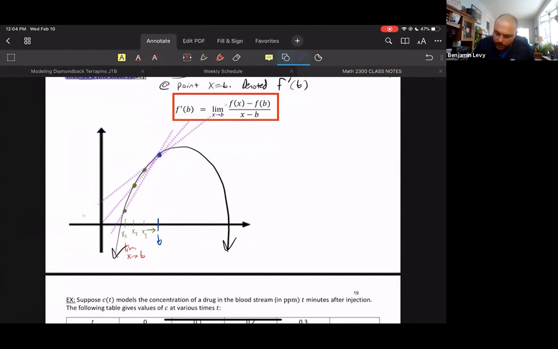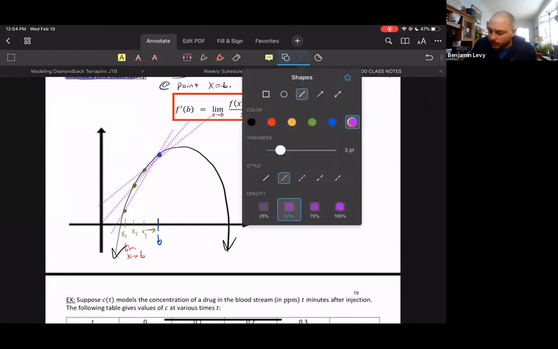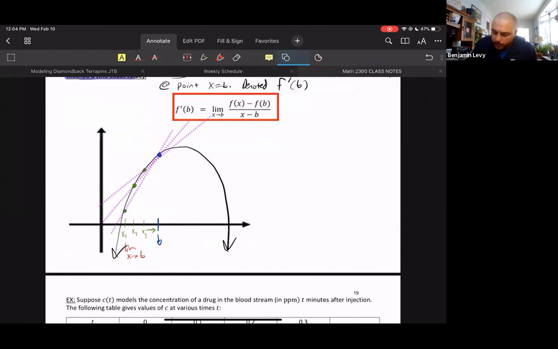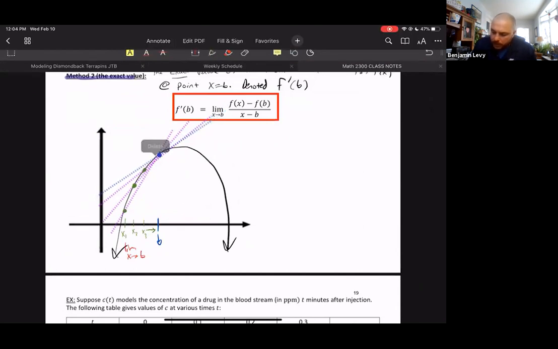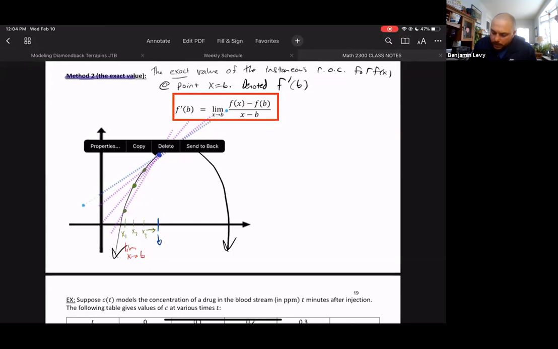And ultimately, as x actually reaches b, we end up with that tangent line. So I'm doing that one in blue here. I make that one 100%. That's the one we really care about. We want the slope of the blue line.